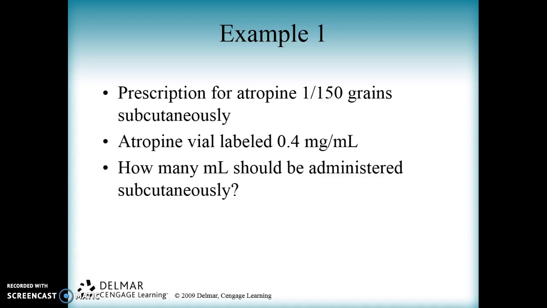We have a prescription for atropine, 1 per 150 grains subcutaneously. And then they tell you this is what the actual label says, atropine 0.4 milligrams per mil. We've got to figure out how many milliliters we're going to give. The doctor wants them to have 1 out of 150 grains, and the label says 0.4 milligrams. So we're going to have to do some things to get to that point.